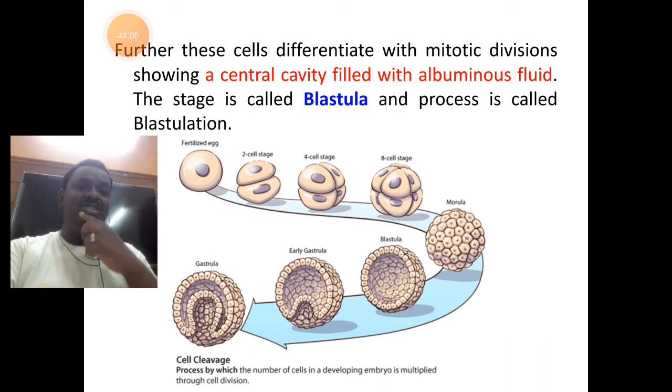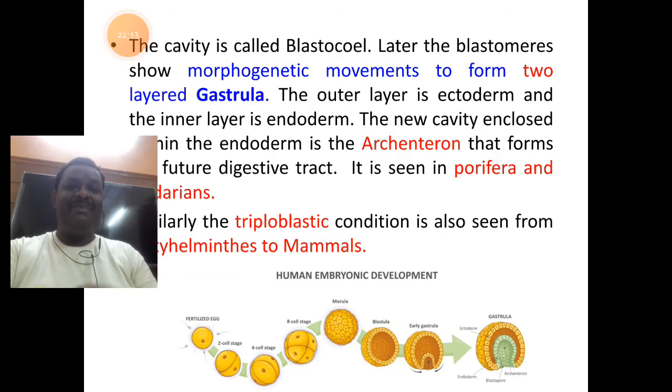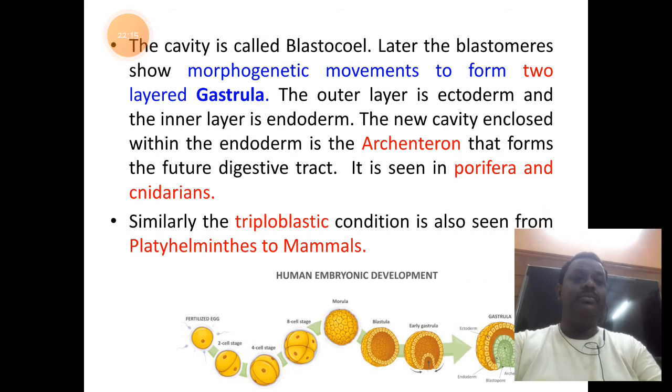So down in the picture, after morula, we find a mass of cells enclosing a space filled with albuminous fluid, called the blastula or coeloblastula. Now, till blastula, we have seen almost all organisms exhibiting the common feature.